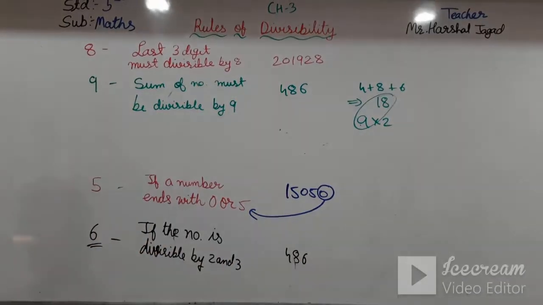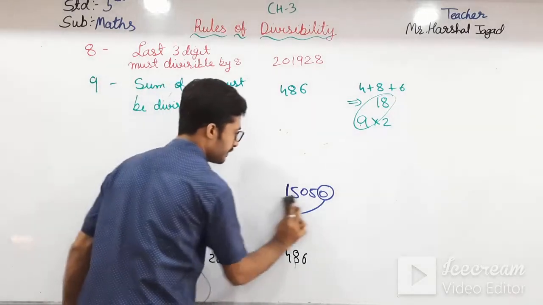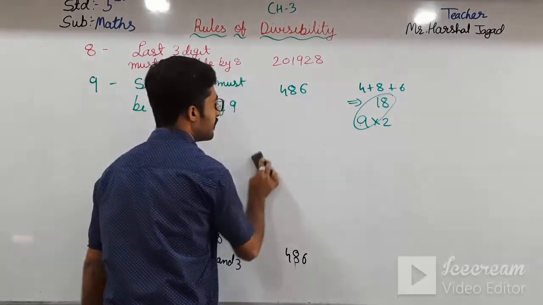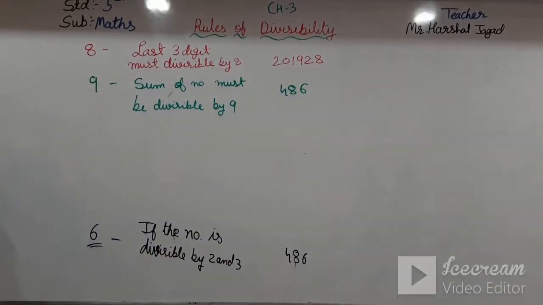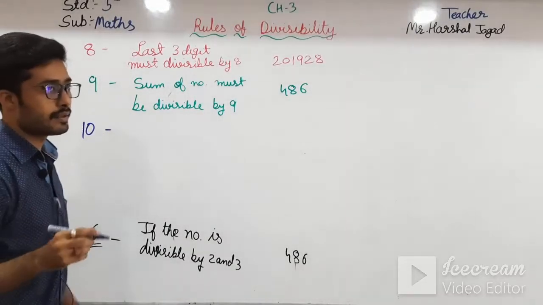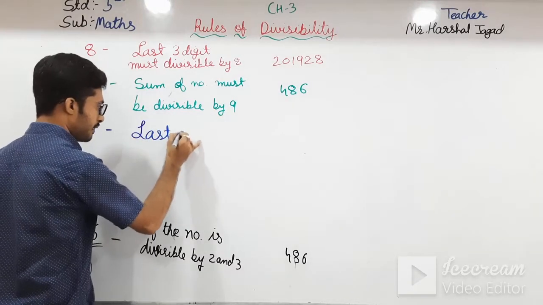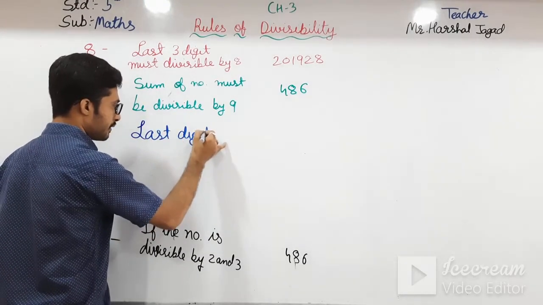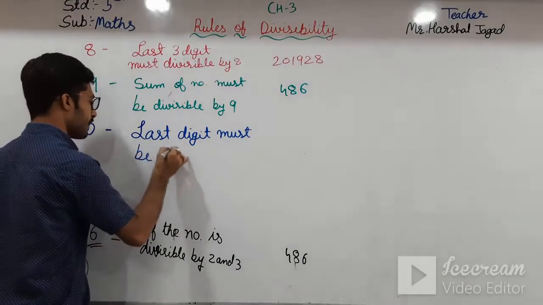Now moving towards 10. How can we know that a number is divisible by 10? If the number is divisible by 10, then the last digit must be 0.